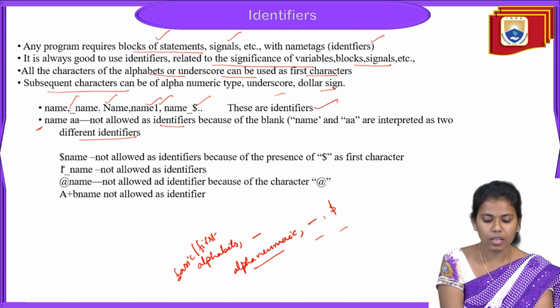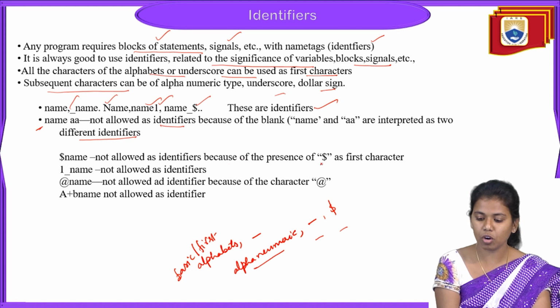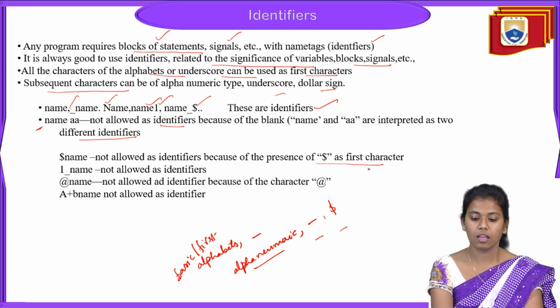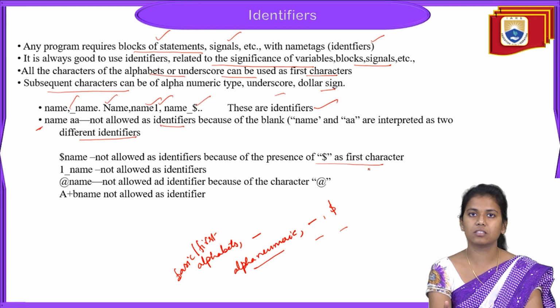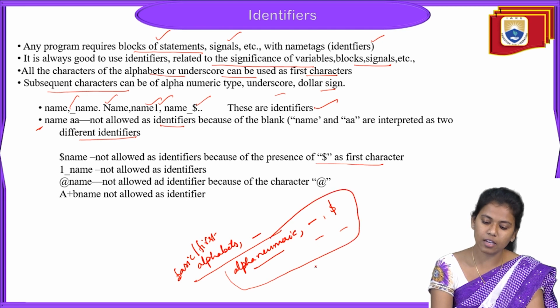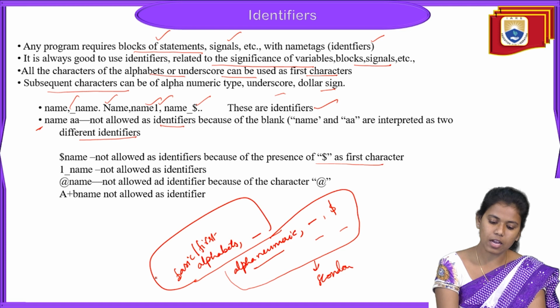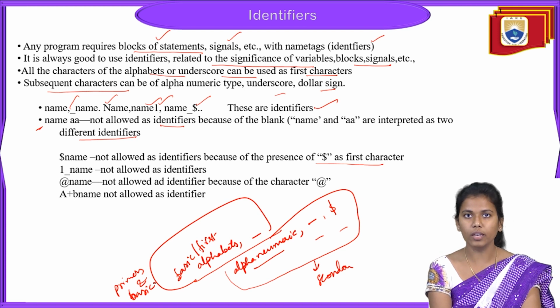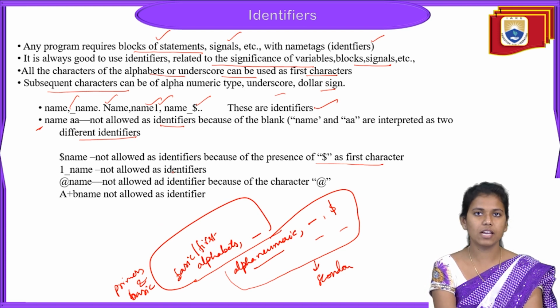Coming to the second one, $name is not allowed as an identifier because of the presence of dollar as the first character. As I said, the basic characteristics should be alphabets or underscore, and then comes the alphanumeric. These are secondary, whereas those are primary.